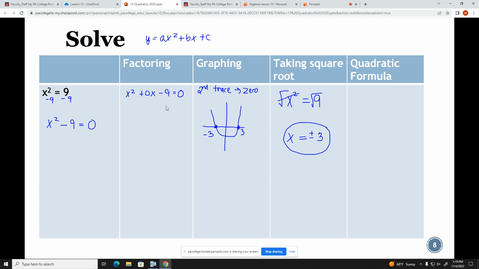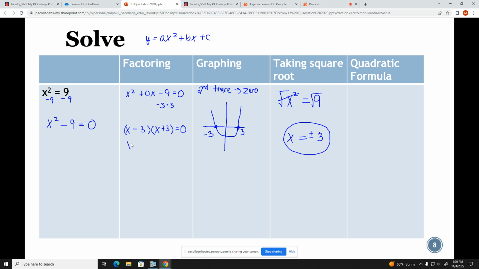This means that I will now be looking for factors of -9 that add up to 0. And I see that -3 times +3 would be factors that multiply to -9 and add to 0. I create my two sets of parentheses, set it equal to 0. I split my x squared to x and x. I put in my two factors, -3 and +3.